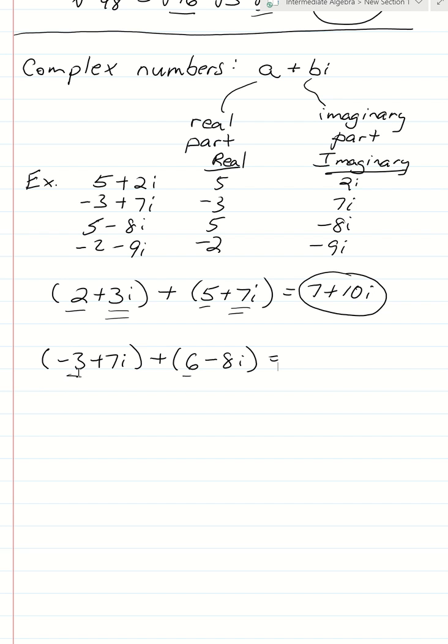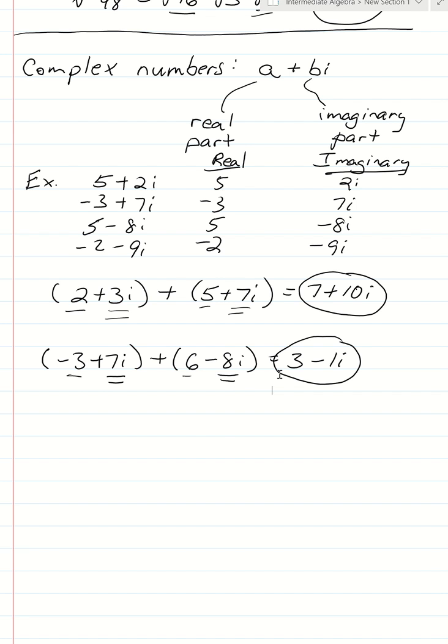The negative 3 plus the 6, that would give us 3. Then we would want to take the 7i and add to it the negative 8i. Well, 7i plus the negative 8i, that would give us a negative 1i. And that would be your sum of those two complex numbers.